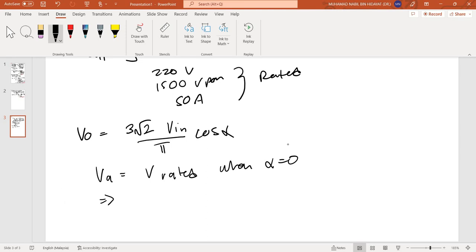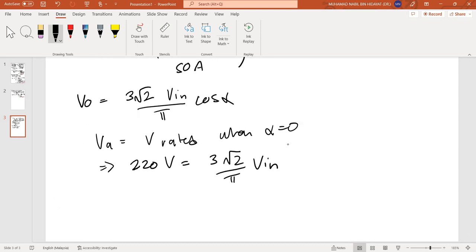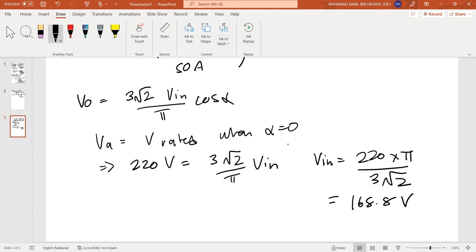So VO is 220, equivalent to 3 over pi V in. V in is 220 times pi over 3, which is 168.8 volt.